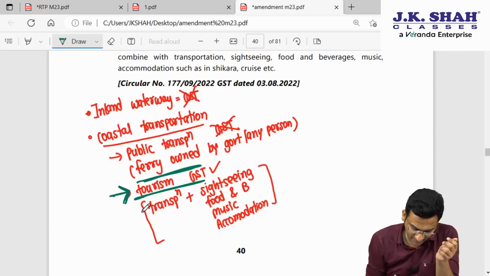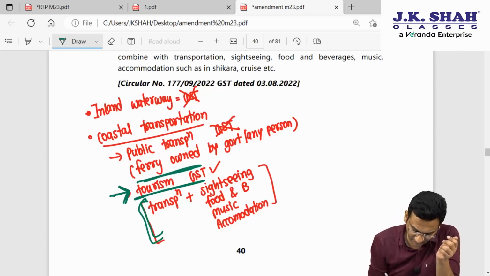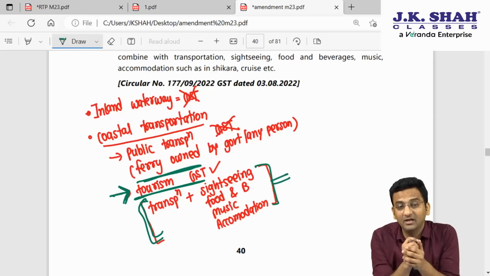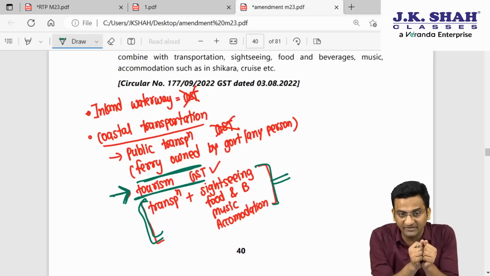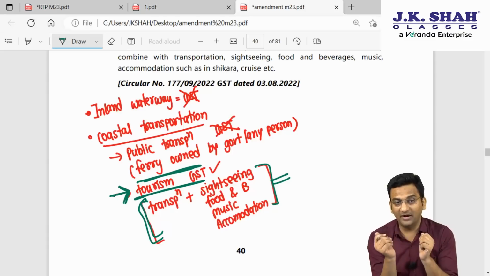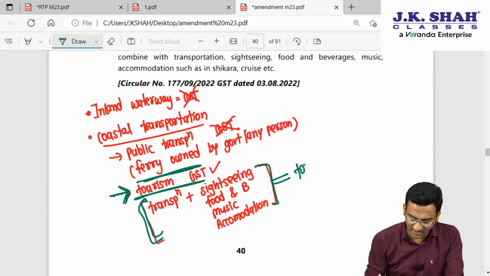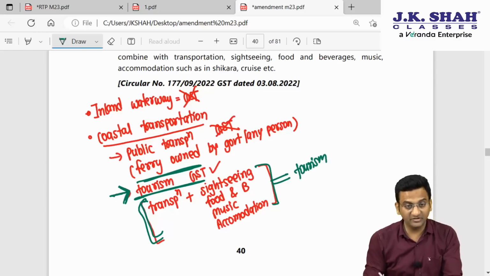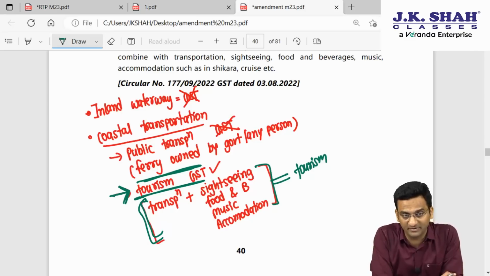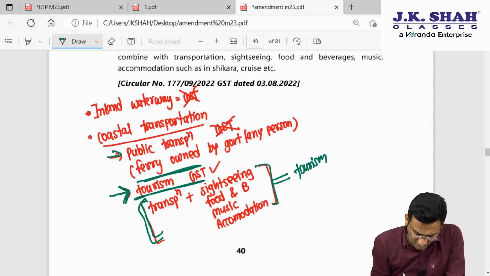If along with the transportation there is sightseeing, food and beverages are provided, music is there on the vessel, and accommodation is provided in the vessel like a cruise or a shikara, then it will be treated as provided for tourism purpose, friends. But otherwise it will be treated as public transportation only.